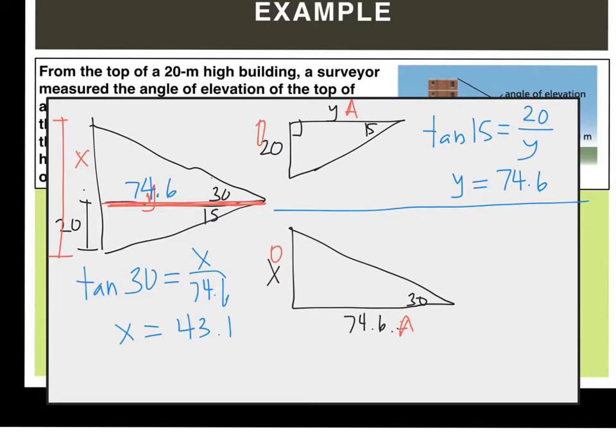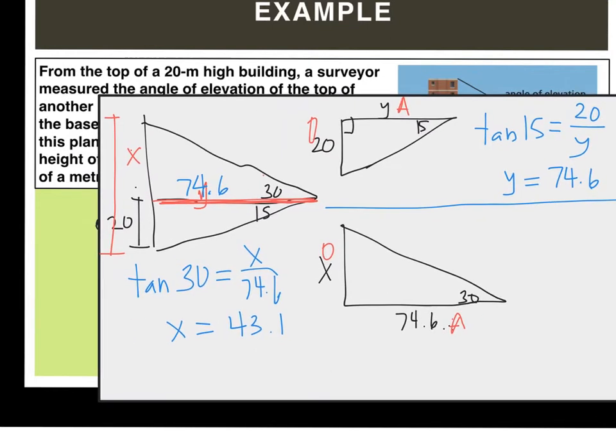What I would see a lot of the time, really commonly, is that students feel like they're done. They're like, I did it, I got 2 numbers already, I've done so much work, I aced it, and they're done. But 43.1 is not the height of the building. Remember, keep in mind what you're being asked for.